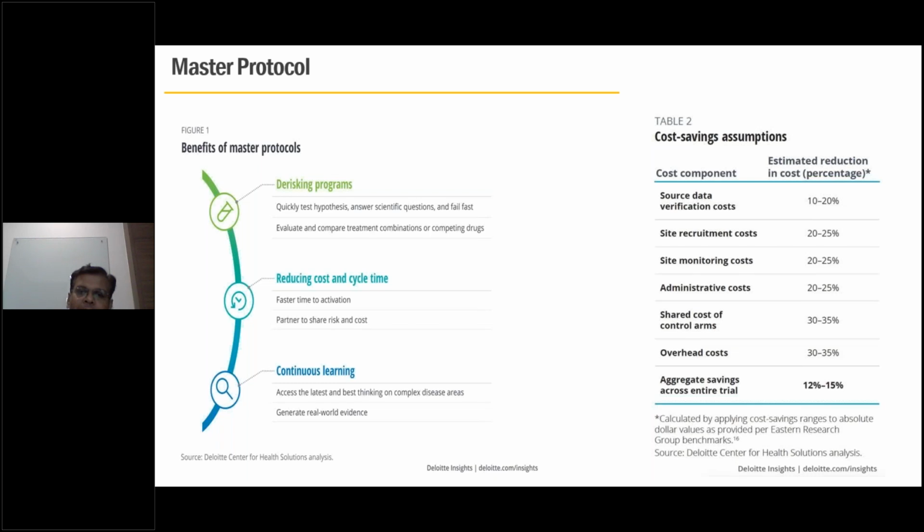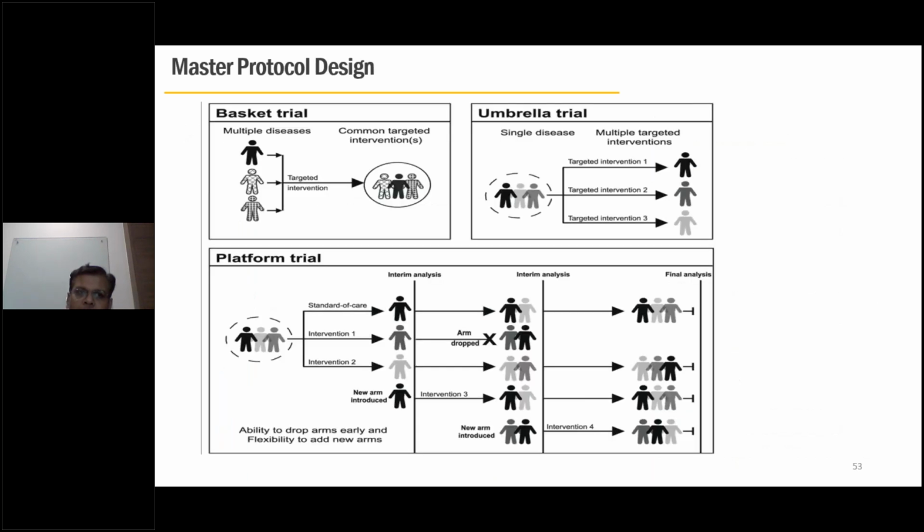That definitely has a drastic reduction in the cost and cycle. So there's a huge saving from the pharma perspective. In the case of master protocol, there are two types of designs typically possible, three for that matter. There's a basket trial and an umbrella trial.